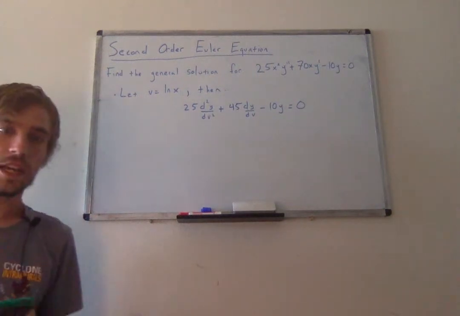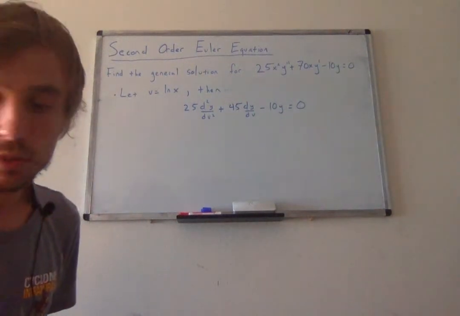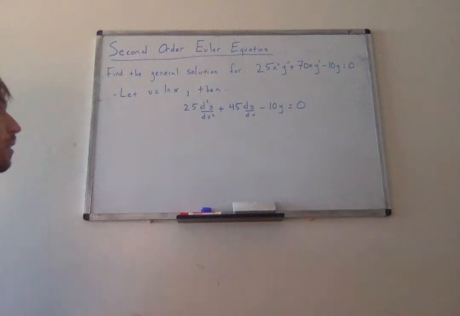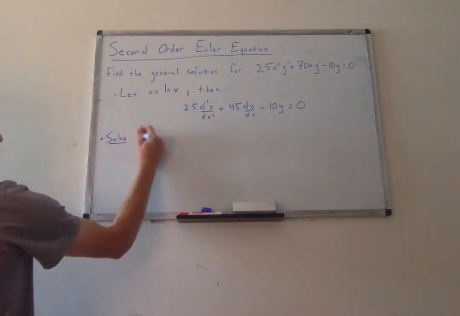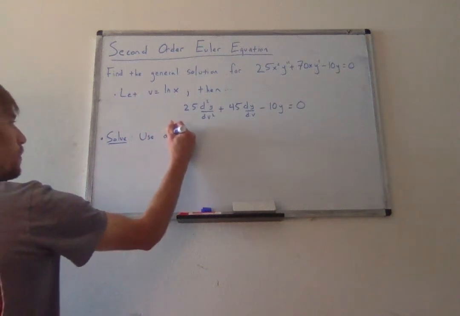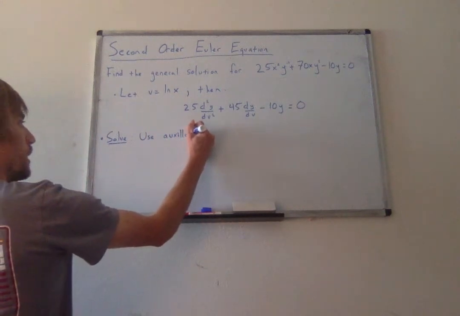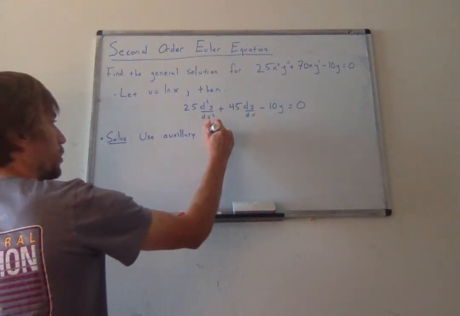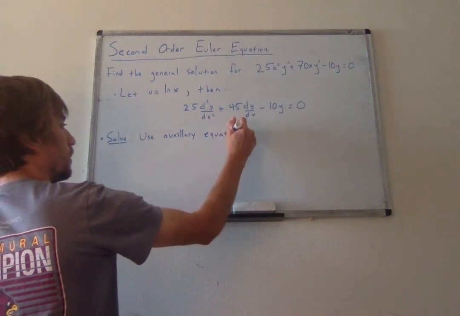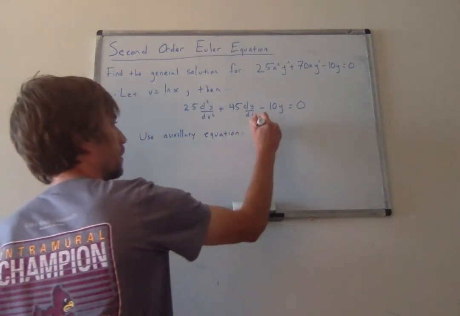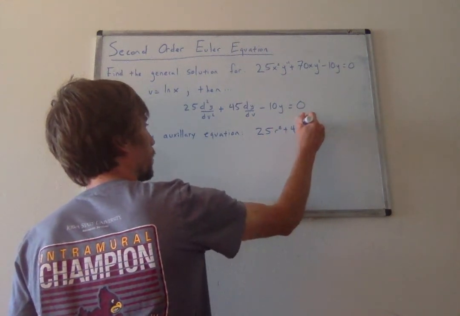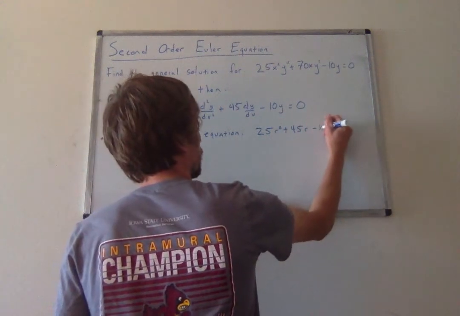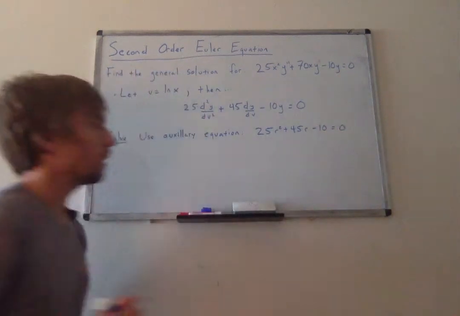So now this is just a second order equation with constant coefficients. So to solve this, use the auxiliary equation, 25r squared plus 45r minus 10 is equal to 0.